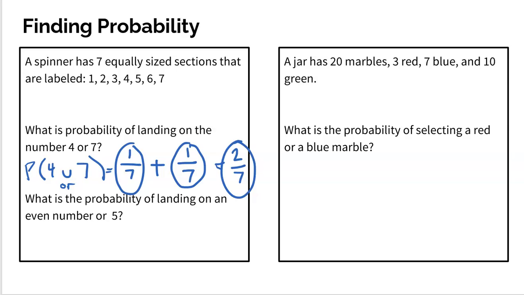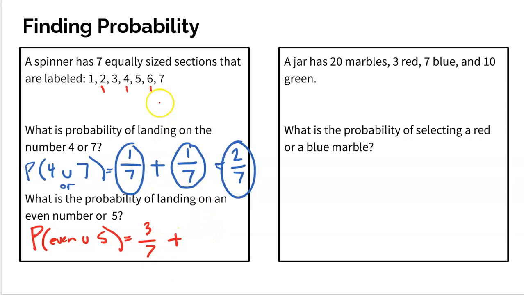Easy. What about the probability of getting an even number or a 5? Okay, well, the probability of rolling an even number is 3 out of 7 because 2, 4, and 6 are all even, and any one of those numbers would be considered even, which would make me happy. Add the 7 outcomes.